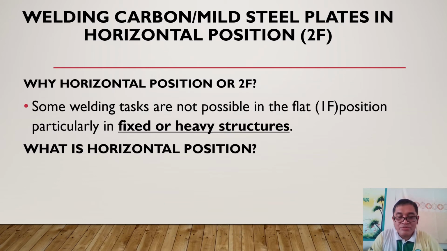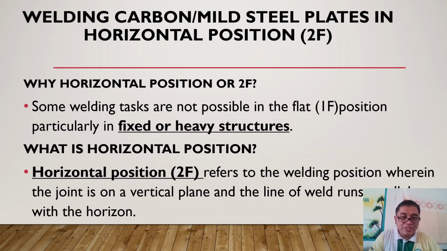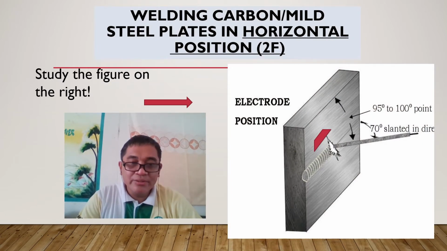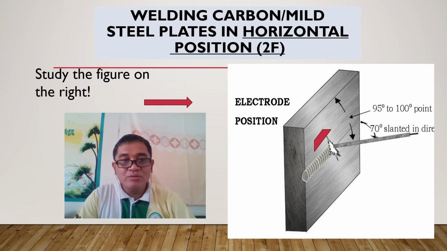So what is horizontal position? Horizontal position or 2F refers to the welding position wherein the joint is on a vertical plane and the line of weld runs straight with the horizon. So it's just like your arms, so it's the horizontal position. Okay. To illustrate the horizontal position or 2F in welding, we have the figure below.